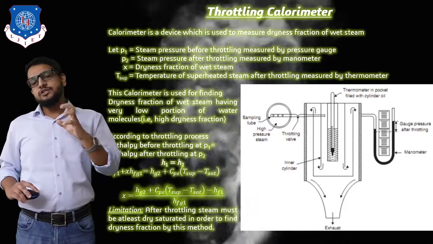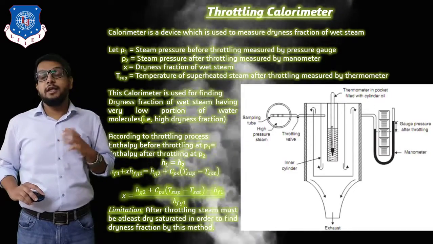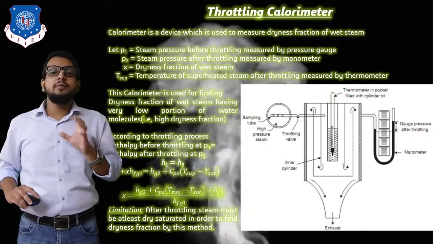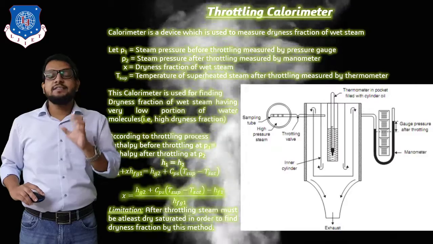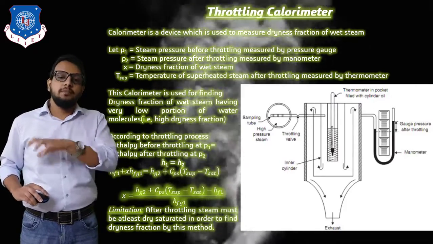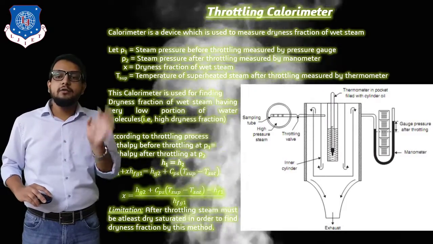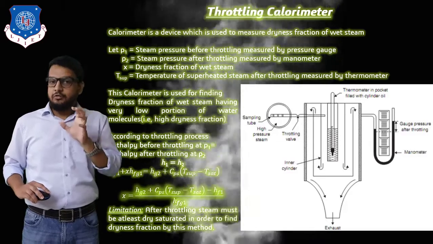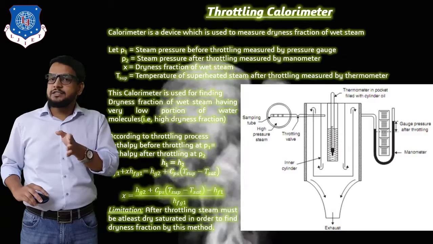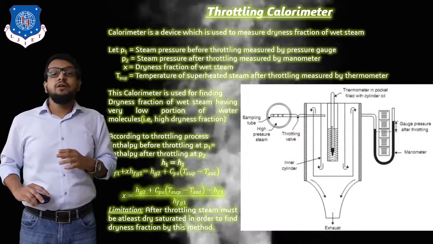So by using this equation we can find out the dryness fraction for wet steam, and keep this in mind, it has a limitation that after throttling the steam must be at least dry saturated, that is after throttling the steam should become dry steam, otherwise this method will fail. This method cannot provide a value of the dryness fraction. Actually the requirement is a superheated steam, but if we are not obtaining superheated steam, then at least we need to obtain a dry steam to determine the dryness fraction.